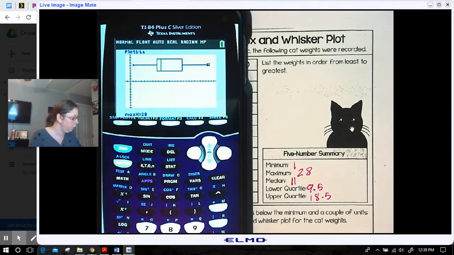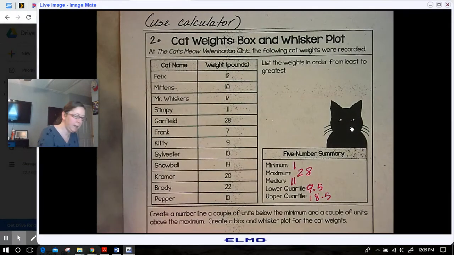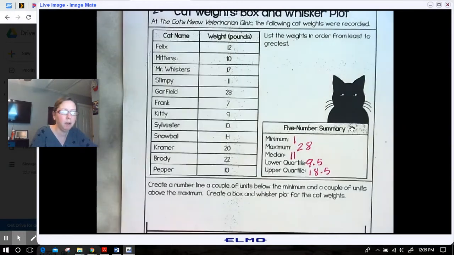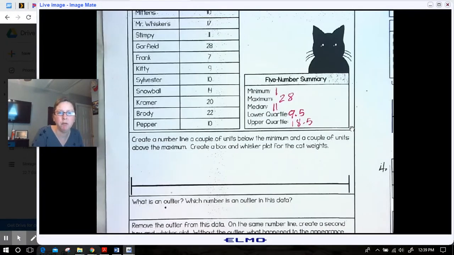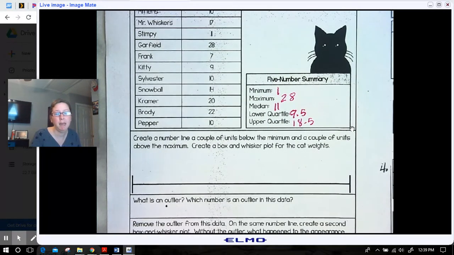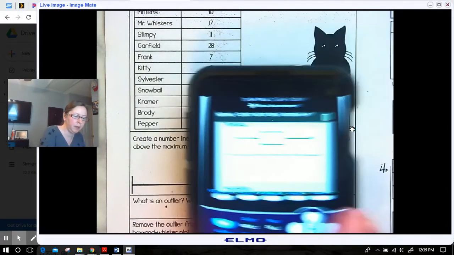Okay. And what we could do is go ahead and create our own box and whisker plot of this information. Now we could do this by hand, but what I'm going to have us do is do it in our calculator.